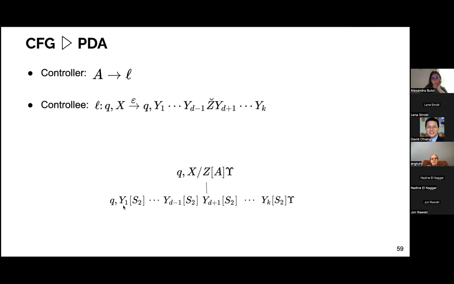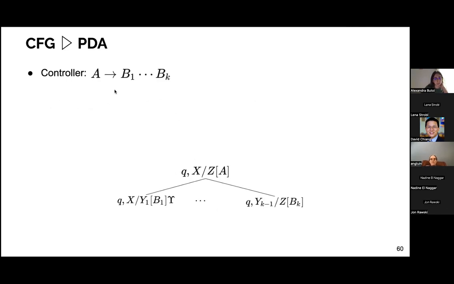And again, if we have a node of this form, then we push new stacks, each augmented with the start symbol of the controller, and we push all of these on top of the series of stack symbols epsilon.